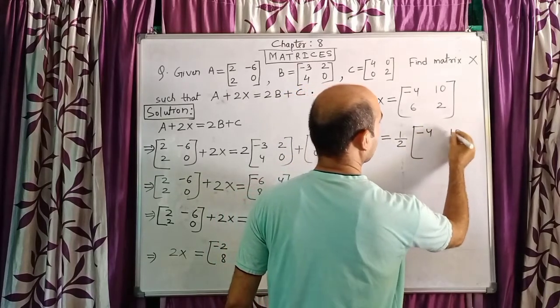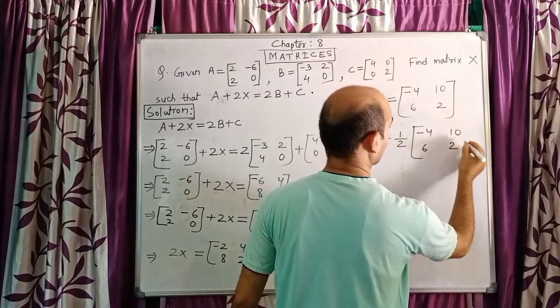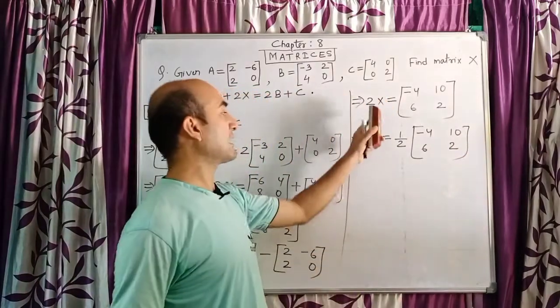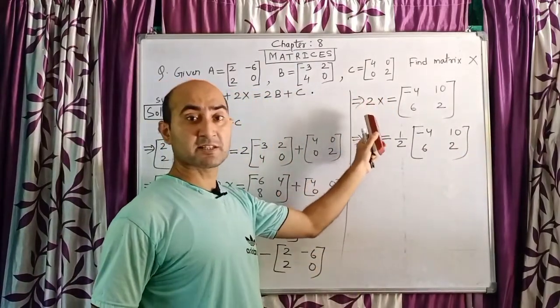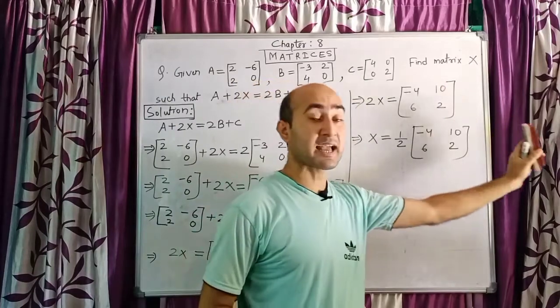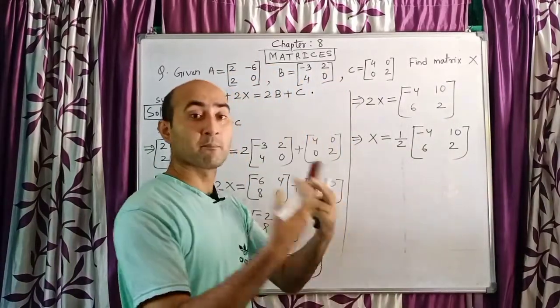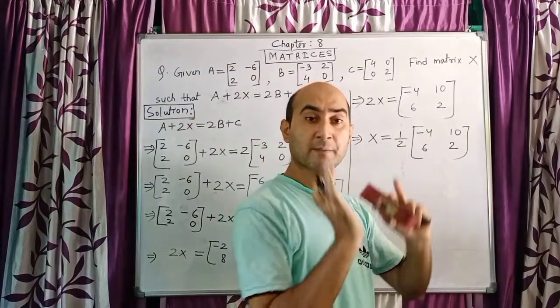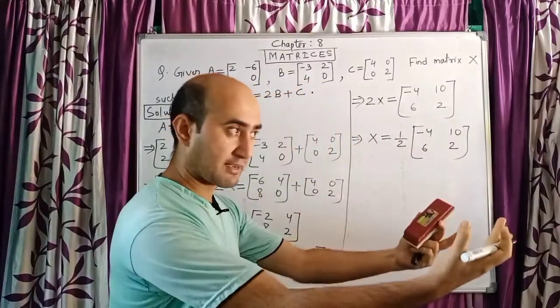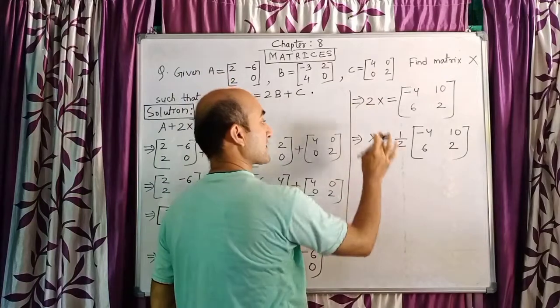Minus 4, 10, 6, 2. Because it is said any number multiplying on the left hand side, when it goes to the right hand side, it becomes divide. Multiplication becomes divide. Like plus becomes minus, minus becomes plus, shifting to the right hand side, but multiplication becomes divide.